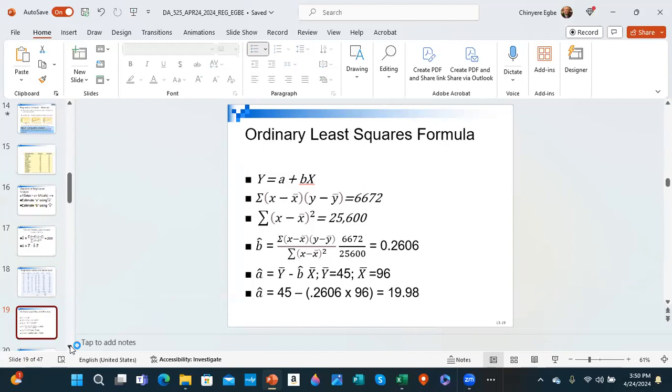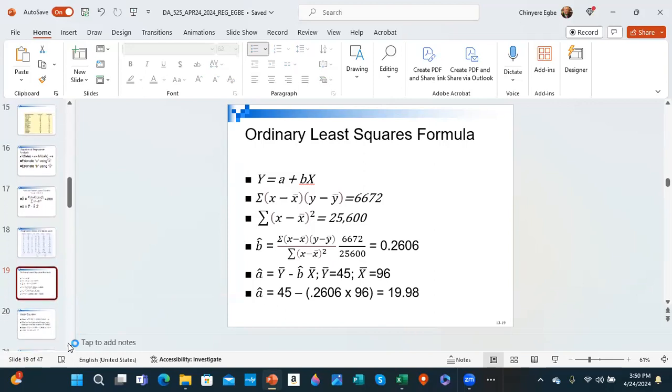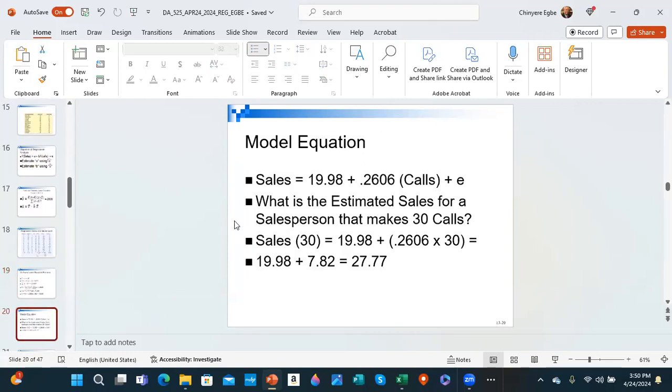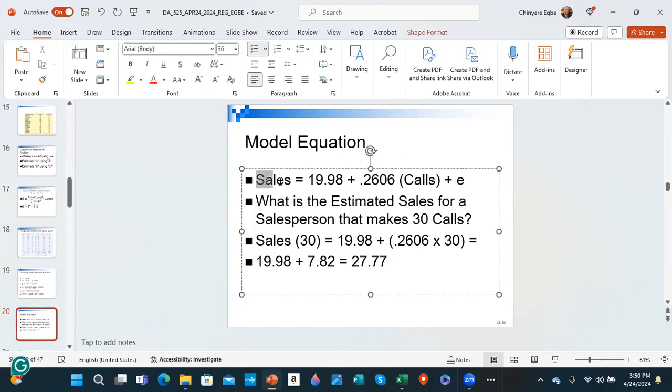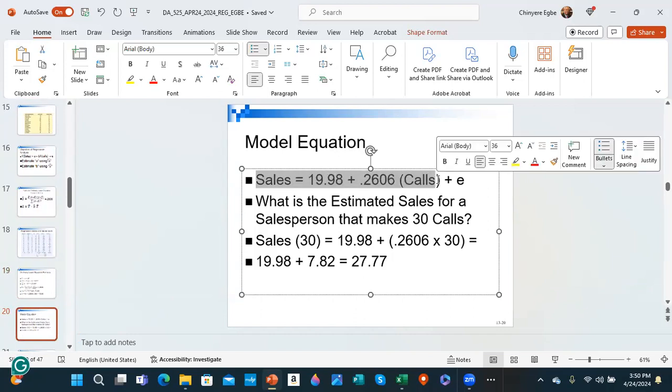So now what do we have? We have what we call a model equation. The model equation simply says that the amount of sales that a salesperson makes is approximately 19.98.